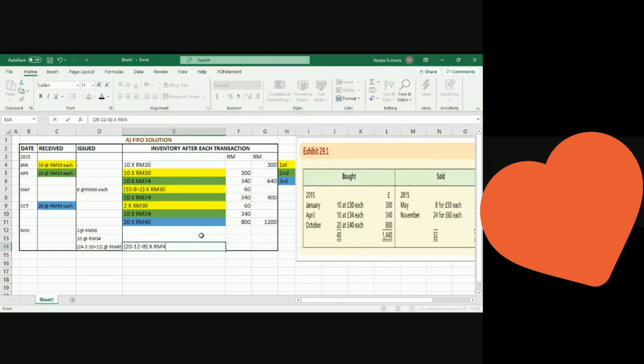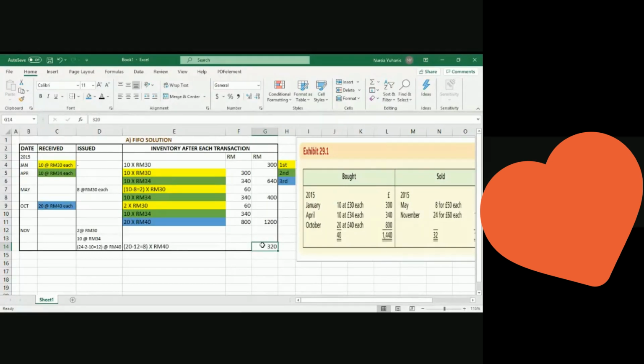Then multiply with, you just copy the price of 40 ringgit. 8 multiplied with 40, how much? 320. That will be your final figure for inventory after each transaction, meaning this is your closing stock amount.